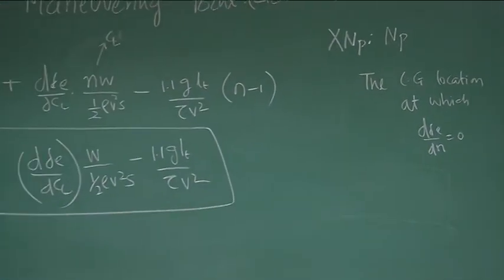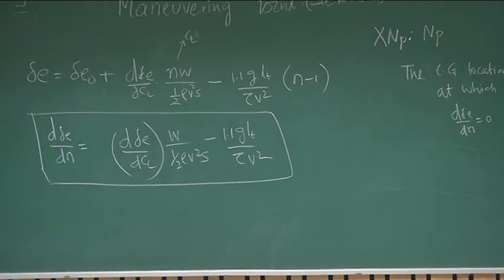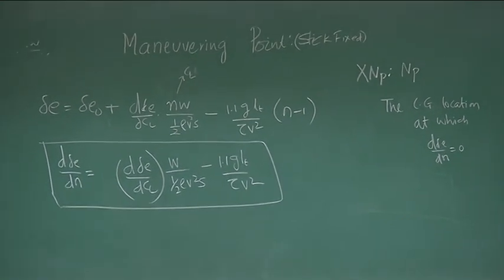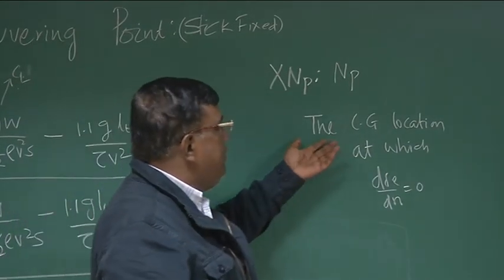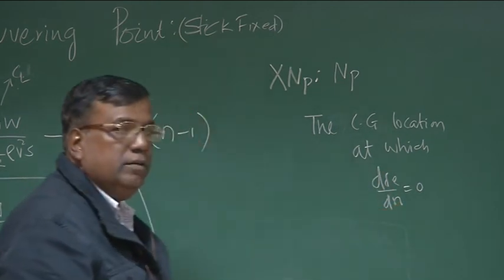What was the stick fixed neutral point? It was the CG location at which dCm by dCl is 0. What is the maneuvering point? We define it as the CG location at which d delta E by dn is equal to 0.